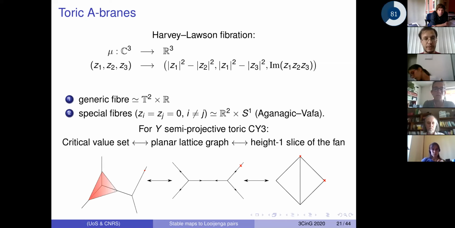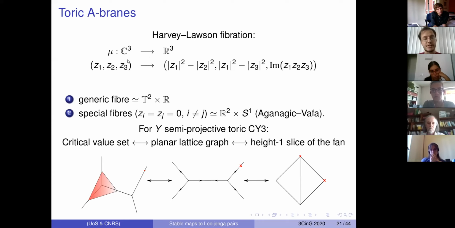Now, if instead of C^3 you have a general toric variety, which admits a presentation as a symplectic quotient, which algebro-geometrically means that the affinization morphism is projective, this picture is generalized as follows.